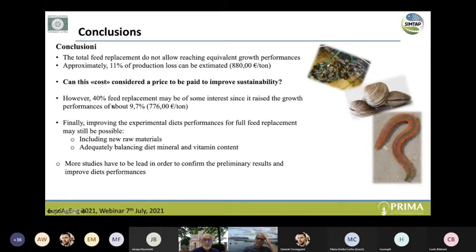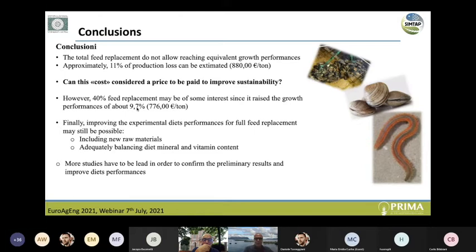the feed. In our first experiment, we saw that when we replaced the aqua feed at 40%, so we provide 40% mussel and 60% feed, we got 9.7% more production compared to the use of only feed.